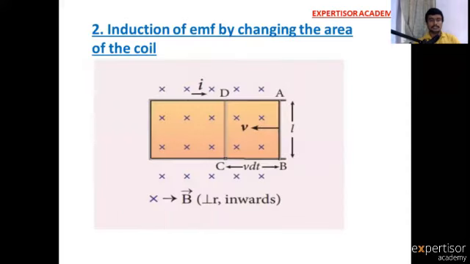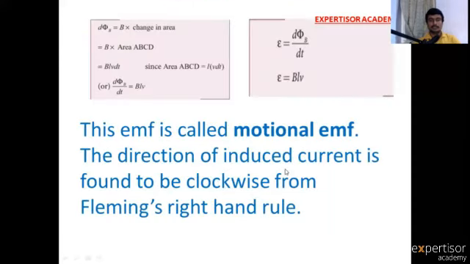Look at this picture: this is the initial position and this is the final position. The area ABCD is equal to L into V dt, length into breadth.